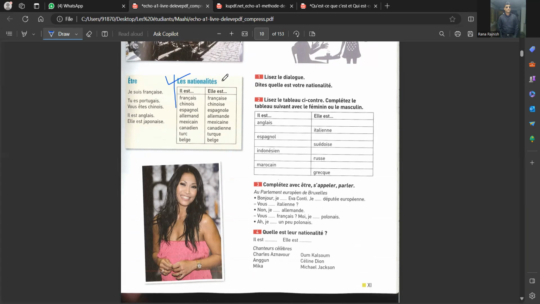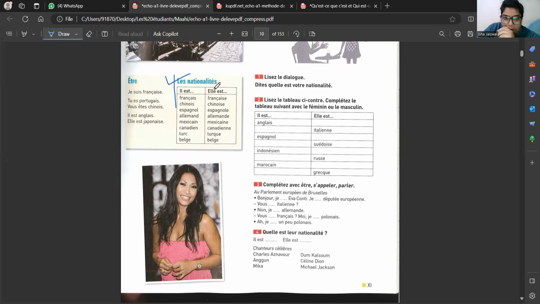What is a nationality? The people living in a particular country, they are called the people of that country. They own the nationality of that country. Like we are Indians, so we own the nationality of India.